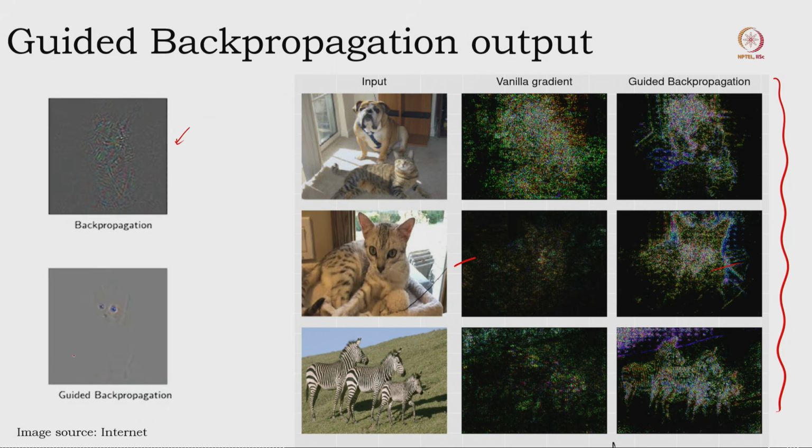It is going to highlight which input pixels have contributed more to the model prediction. If you look, we are able to see the shape. Let me erase so you can see it clearly. Here we are not able to see the zebra outline properly, but here we can see the outlines very clearly. So, this is what guided backpropagation is.